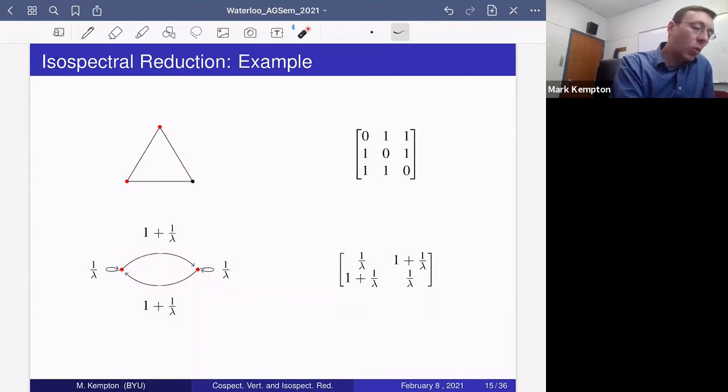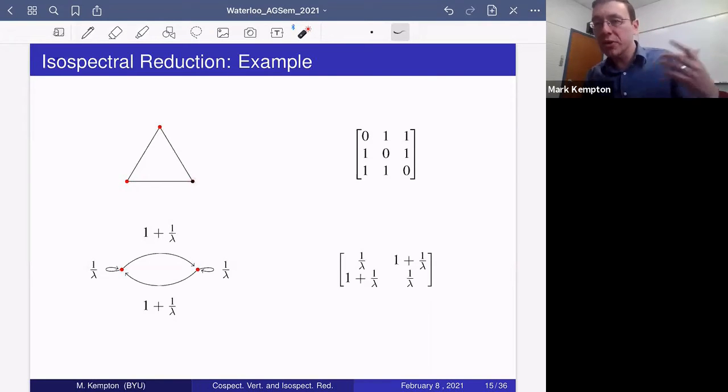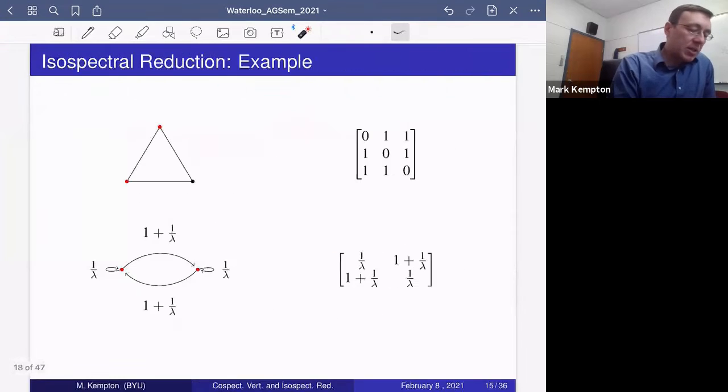So I'll get these edges that are weighted by the sum of the weights on these two paths. This weight is just 1, and that's where that 1 is coming from. And then the weight on this path is 1 over lambda, because I take the product of these weights, which is just 1, and then divide by lambda minus the weight on any loop here. There's no loop there, so that has weight 0.